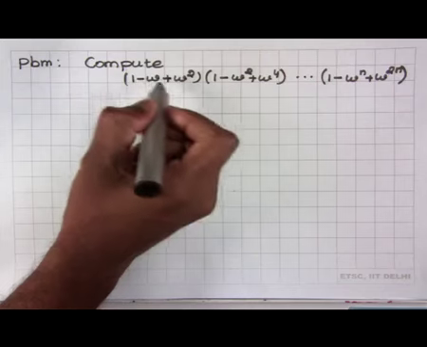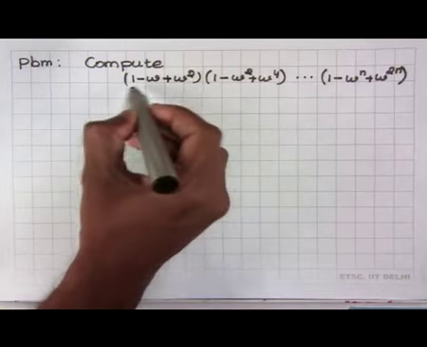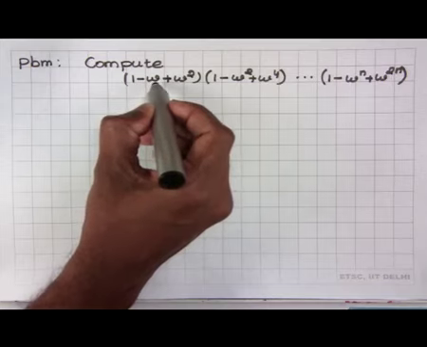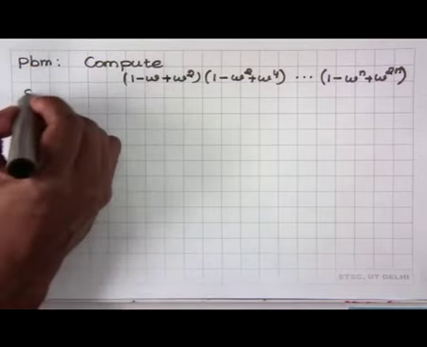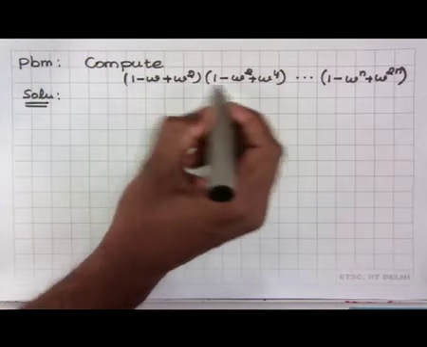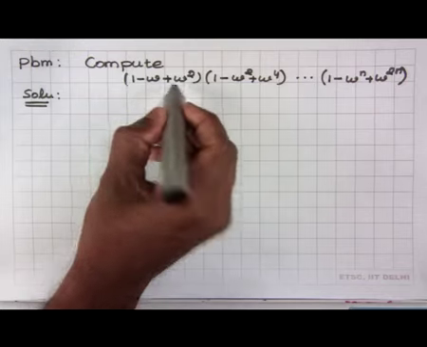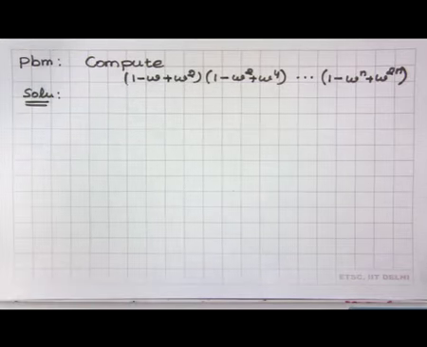Compute the value of the following expression. Here again omega is the cube root of unity. So, we have to calculate the value for this expression. So, try to recall the properties of omega.